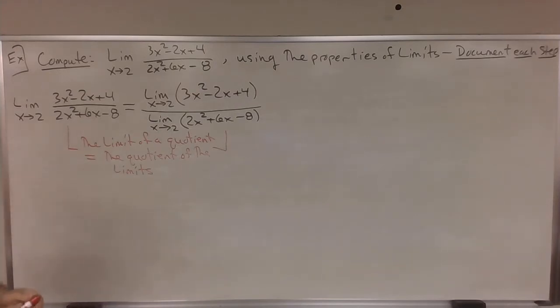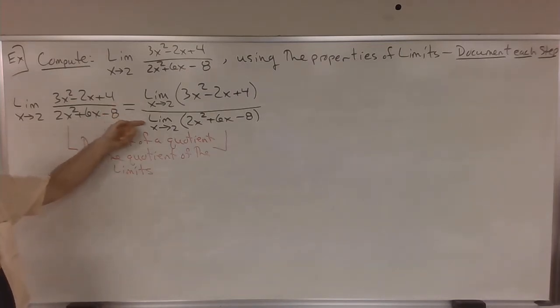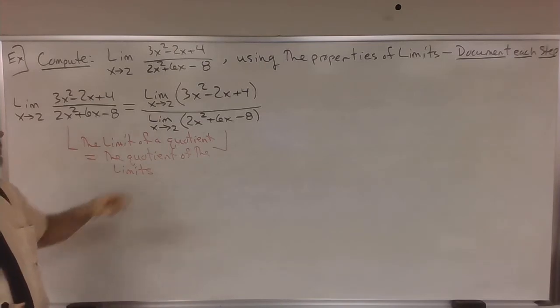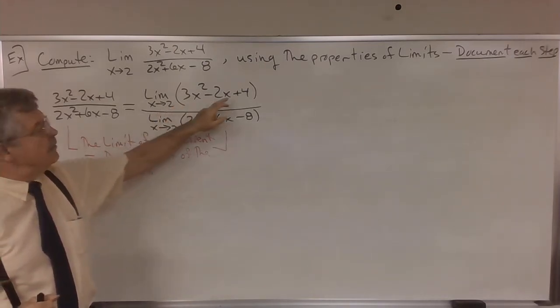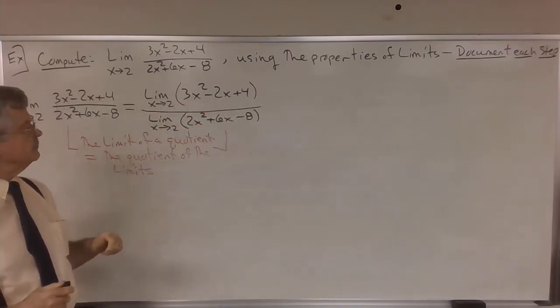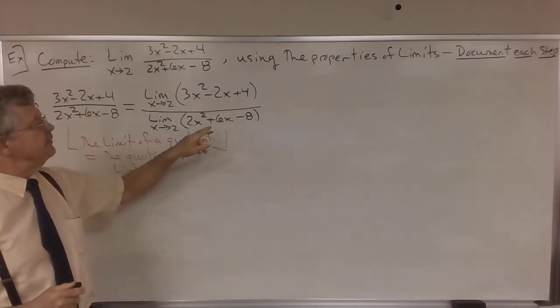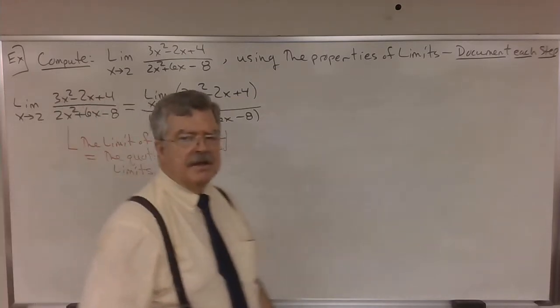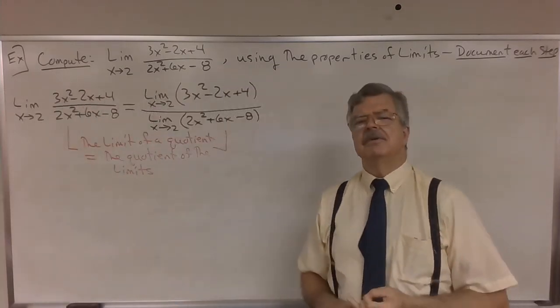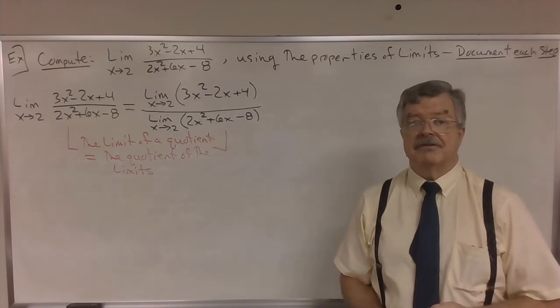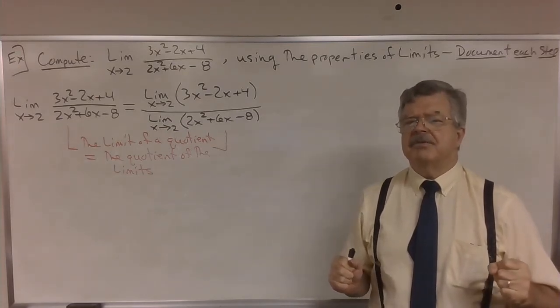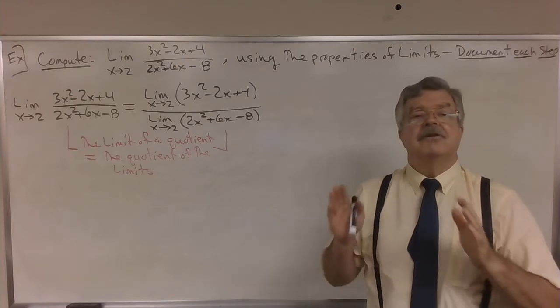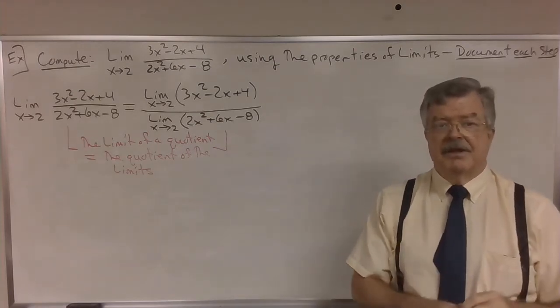Now, on with our next step. In both the numerator and the denominator, we have the limit of a sum or difference, or both, right? The sums and differences of functions. And we have a property that says the limit of a sum or difference equals the sum or difference of the limits. In other words, we can compute the limit of a sum or difference term by term. So let's do that.